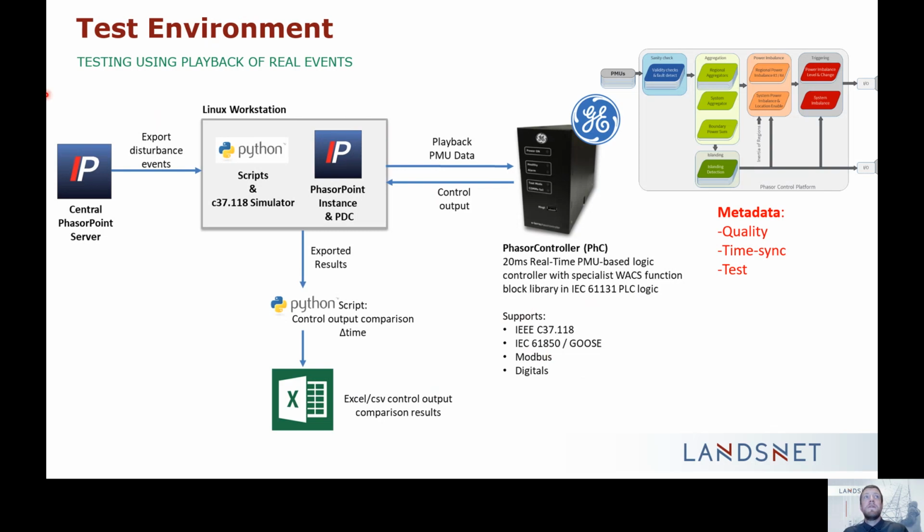How we tested this is we take disturbance data from our wide area monitoring system. We use it in a simulator here, where we take the C37 data and stream it to the controller as if it was real data. The controller streams back its calculated data and its action, and on the other hand, it streams out the control signal to the controllable units.